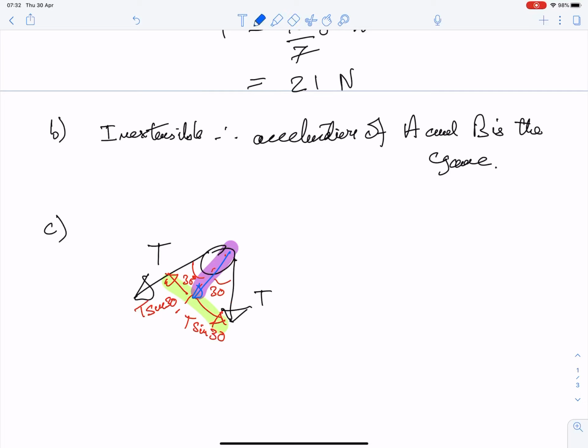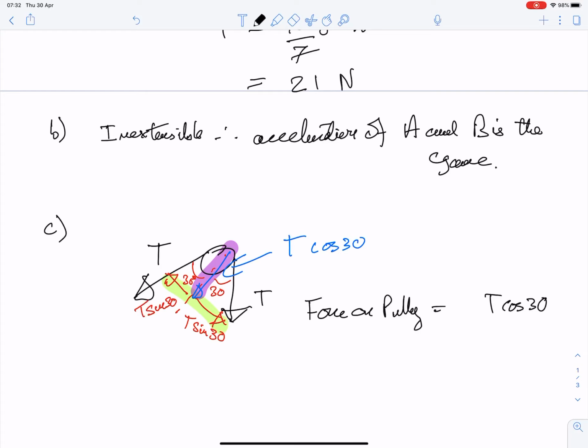So this here is T sine 30, and here is T sine 30. So notice they are equal in magnitude, but opposite in direction. So they're going to cancel each other out.